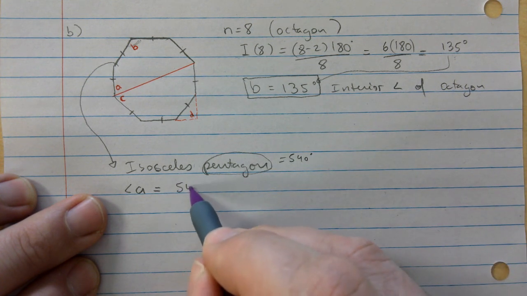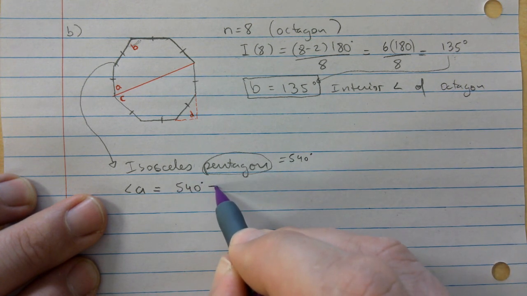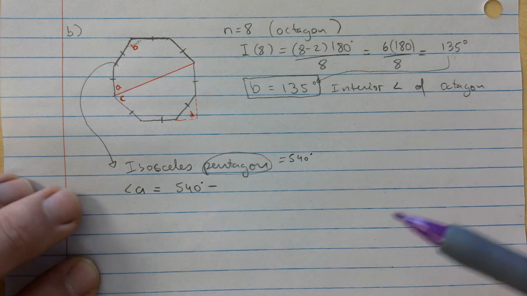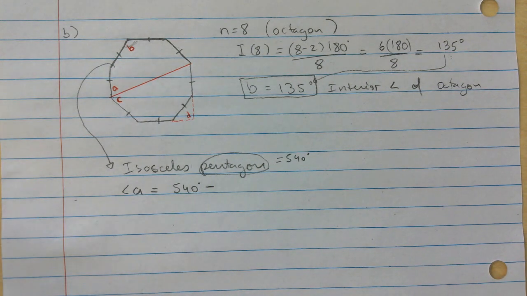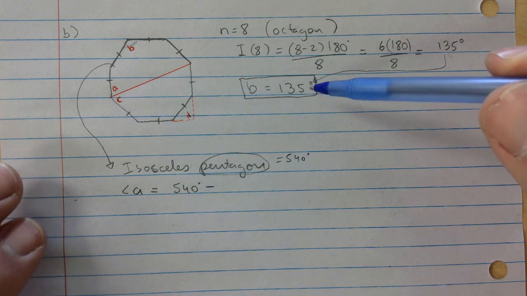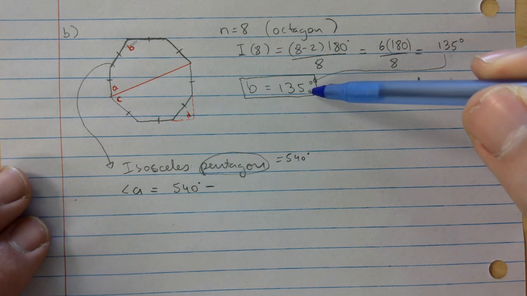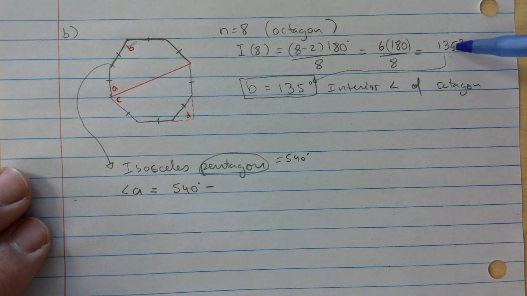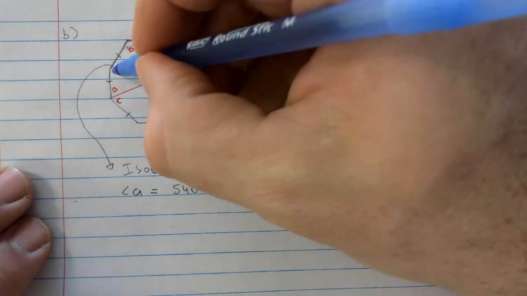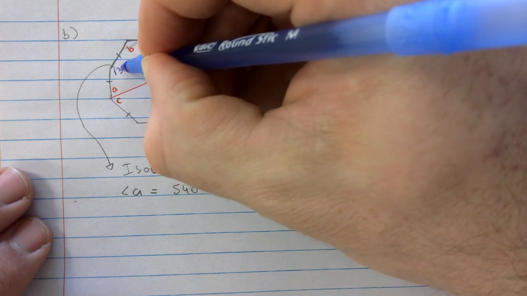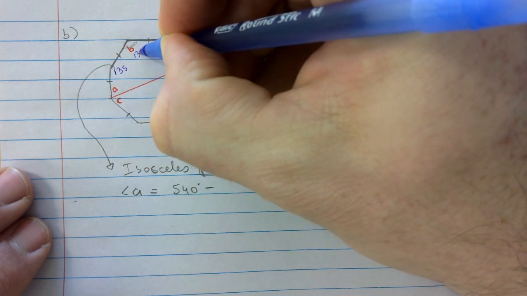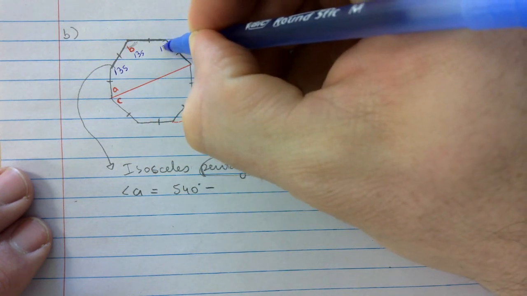So we're going to go 540 degrees minus, in this case you have to be careful. I'm going to use a different color. Watch what I'm going to do on my original. The 135 I found is the interior angle of this octagon. So I know that this is 135, I know that this is 135, 135, right?